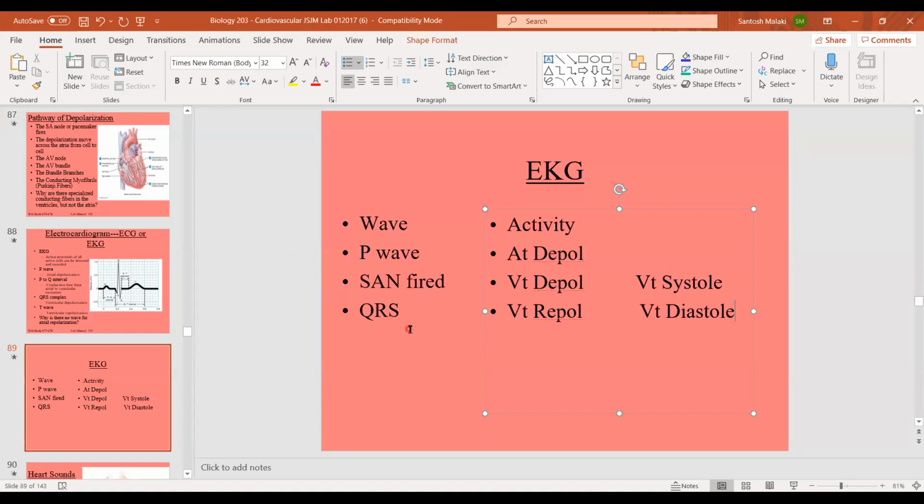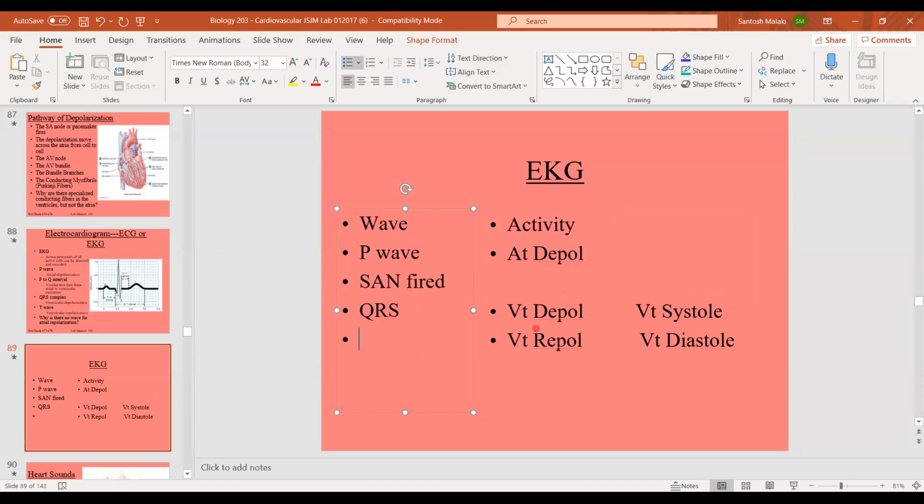So let's go over this again. Three sets of waves. Let's get this right in proper order. The third wave was called the T wave.